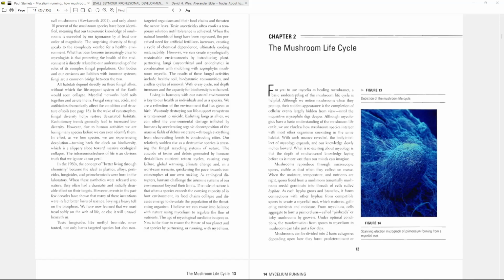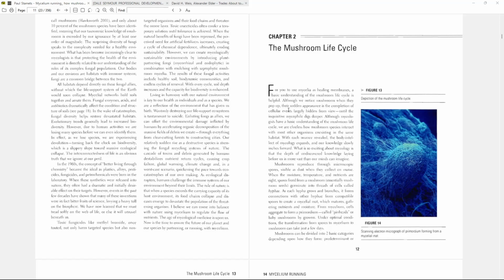For you to use mycelia as healing membranes, a basic understanding of the mushroom life cycle is helpful. Although we notice mushrooms when they pop up, their sudden appearance is the result of cellular events largely hidden from view until the inquisitive mycophile digs deeper.